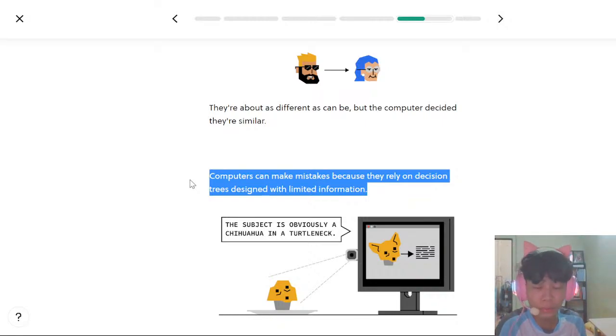I think that if we provide enough information, the computer will rely on that and make the tree design. The more information you put, the more the computer figures out.